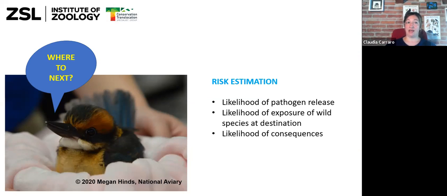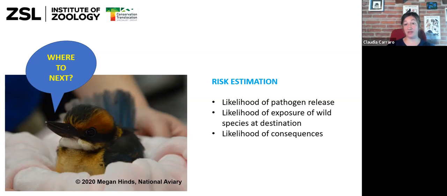So where to next? We are going to quantify the risk by providing the detailed hazard fact sheets to a panel of experts, and we will ask them 3 specific questions. First of all, what is the likelihood of a Sihek carrying and releasing a pathogen at the destination?